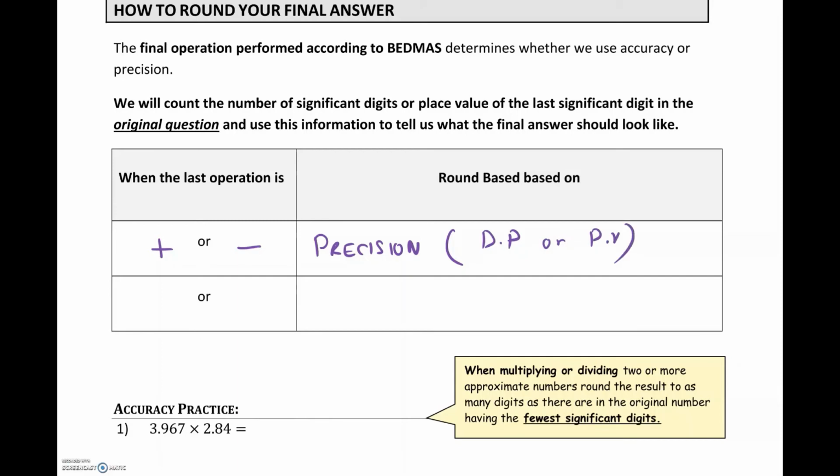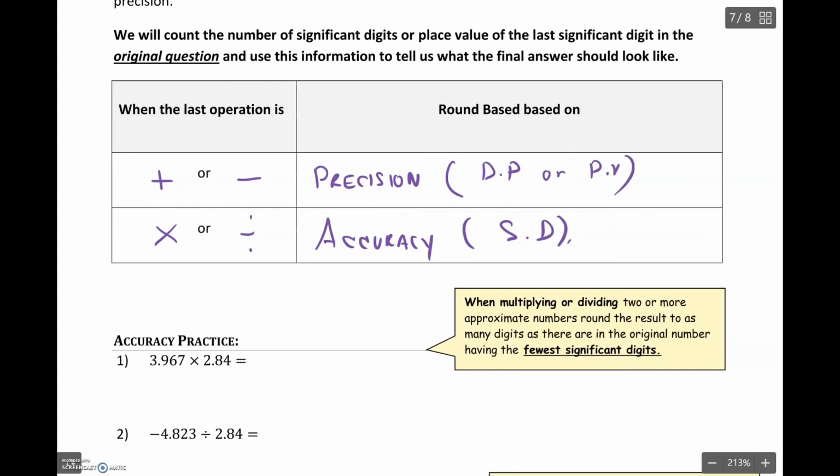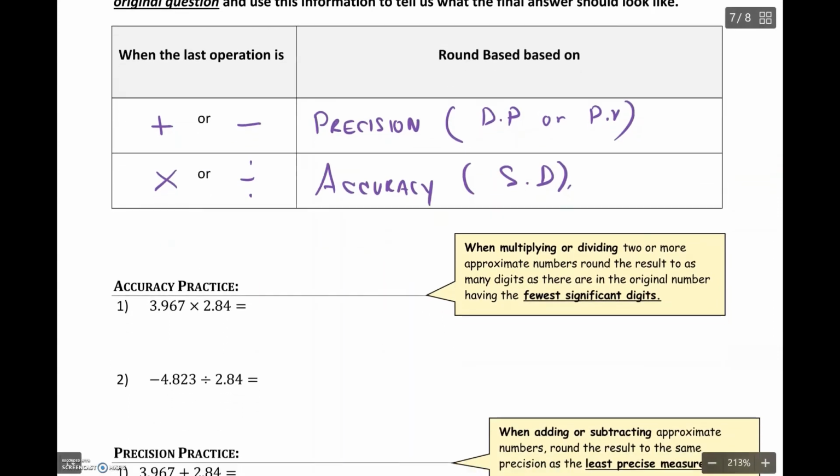When our last operation is either multiplying or dividing, we round based on accuracy or the number of significant digits. And we round our final answer based on the least precise or least accurate of all the numbers that went into that calculation. So let me do 2 examples here for you.